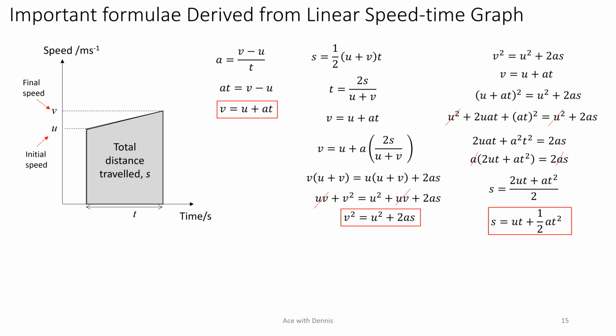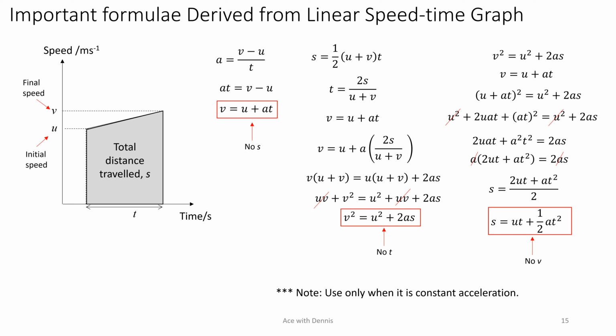So this is the third formula that you need to remember. But do take note that these three formulas are only used when there is constant acceleration. For the first formula, there is no s. For the second formula, there is no t. For the third formula, there is no v.